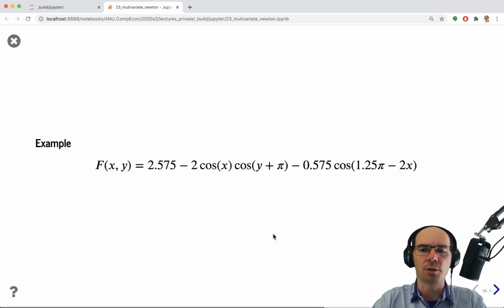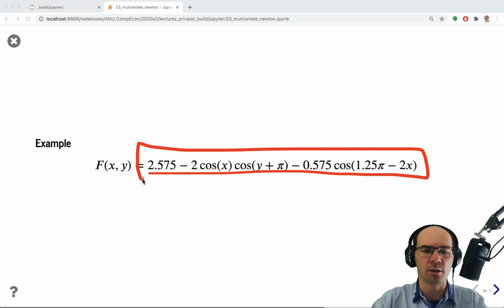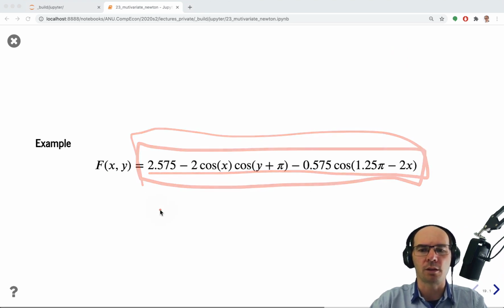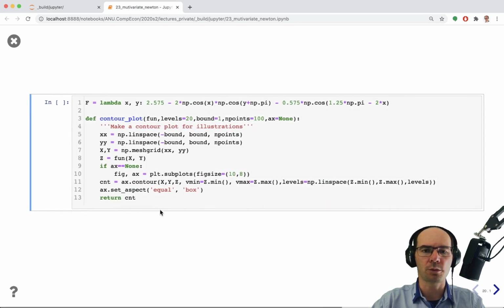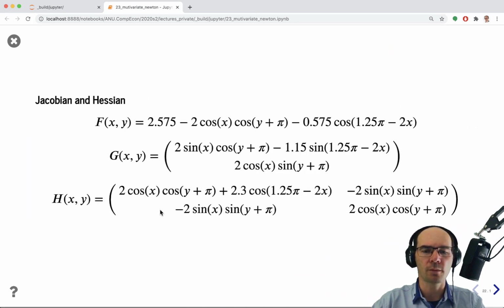Let's look at this example. Imagine that we have a function of two variables, f of x, y, given by this quite complicated formula here, which I selected to make the graphs and the example interesting. This is the function that we want to solve the first order conditions for. So let's write the first order conditions. Here they are. This is our function, and this is the gradient of the function, or Jacobian of the function, you could say.